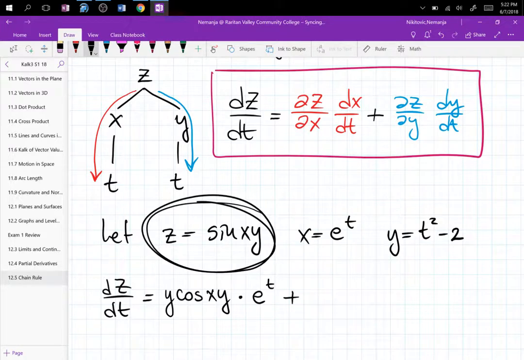And then we have plus partial derivative dz dy, which is going to be x cosine xy, and then finally times the derivative of y, which is 2t.